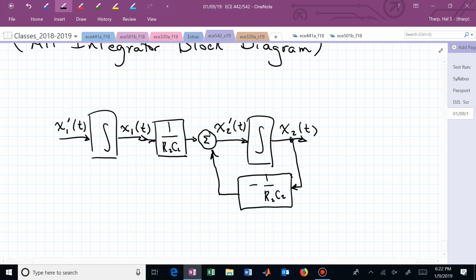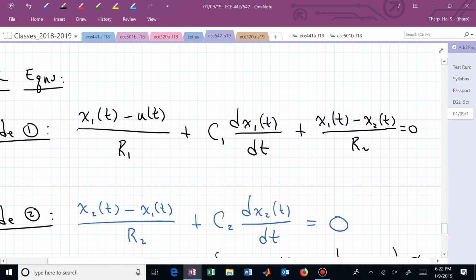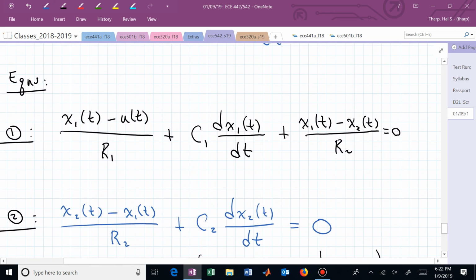And I can do something similar for x1 prime. It maybe has a few more pieces to it, but now you could do the same thing up here. You could solve this for x1 prime, so divide all terms by c sub 1, and solve for x1 prime. And I hope you can see that you have something scaling in x1 on the right-hand side, something scaling in x2, and something scaling the u.